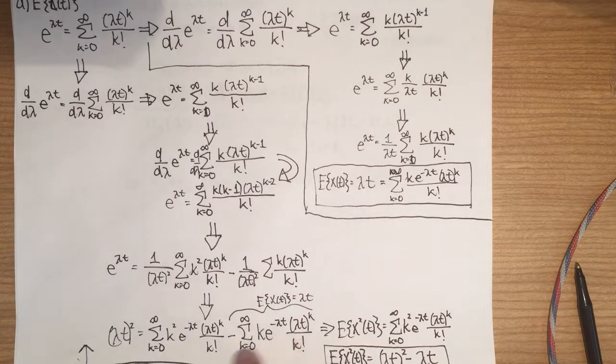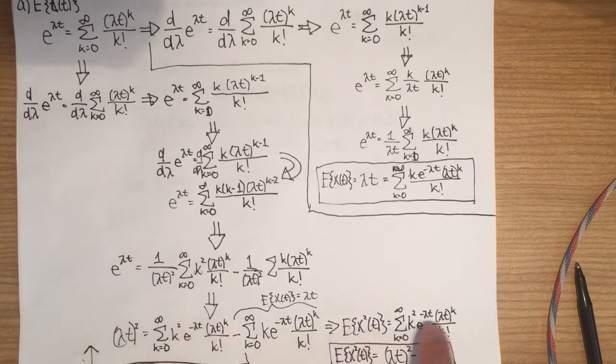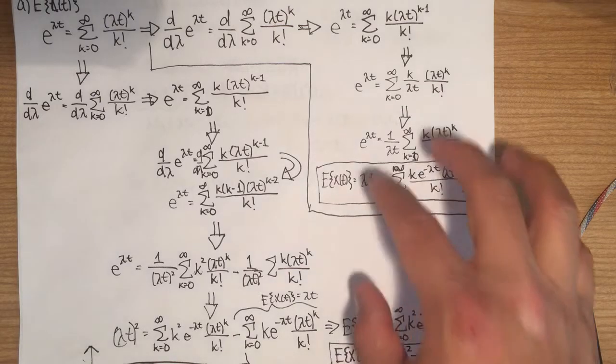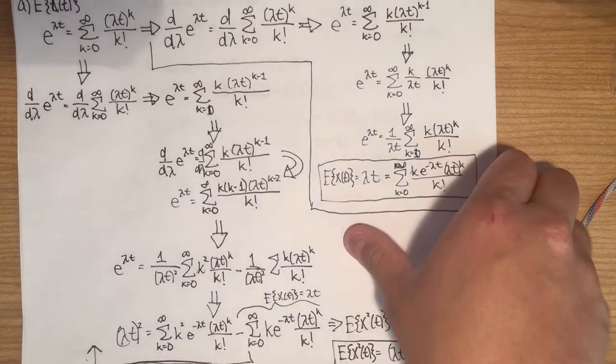And we know this part equals lambda t because we did it over here. So we move it to the other side: lambda t, the quantity lambda t squared, minus lambda t equals this part right here. Now this part is equal to the expected value of x squared of t, and therefore the expected value of x squared of t equals the quantity lambda t squared plus lambda t. And we'll use that in the second part of the problem.